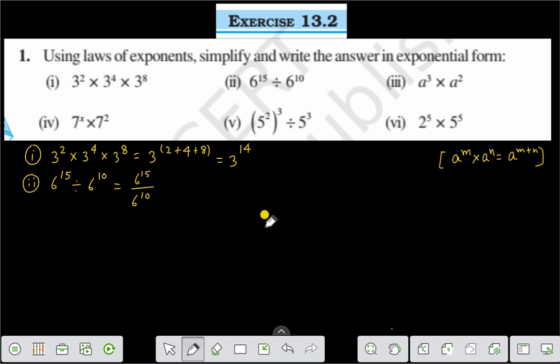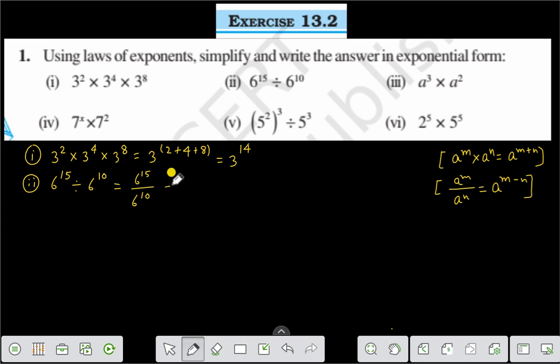Therefore, we will use the formula a to the power m divided by a to the power n can be written as a to the power m minus n. We will apply this formula here.